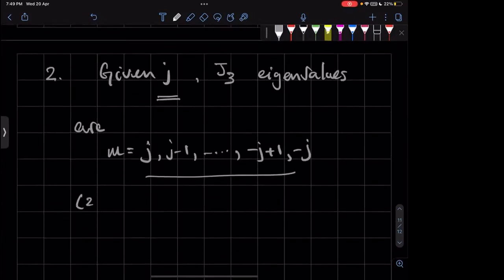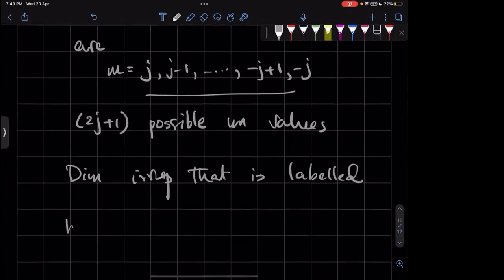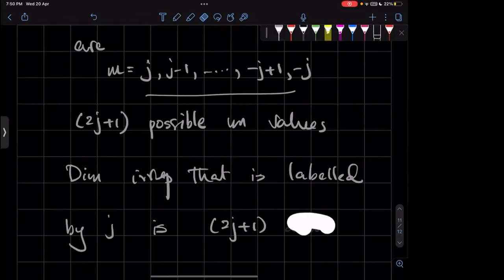So there are 2J plus 1 possible M values. That means the dimension of the irreducible representation labeled uniquely by J is 2J plus 1. Okay.